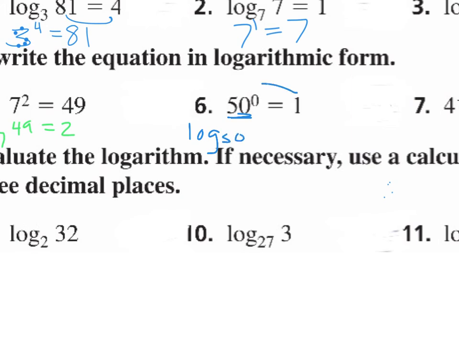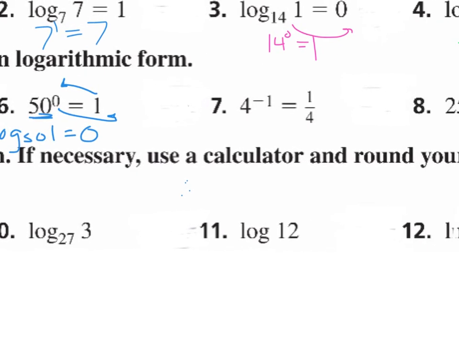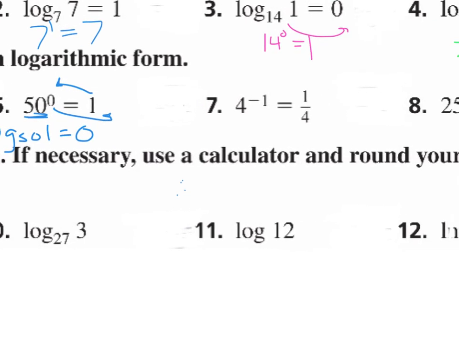And then what's on the right goes to the left. What's on the left goes to the right. So what comes next? The 1. And then what's that equal to? 0. Good job. Now do you get it? A little bit? Okay, awesome. That's why we're doing this.